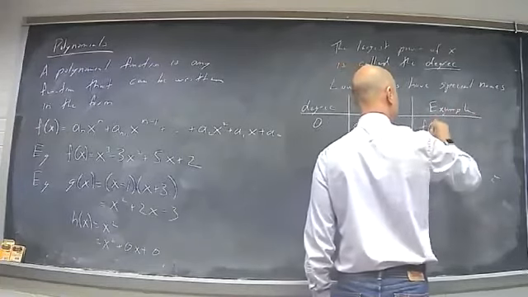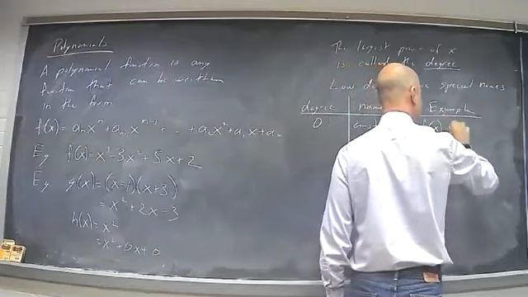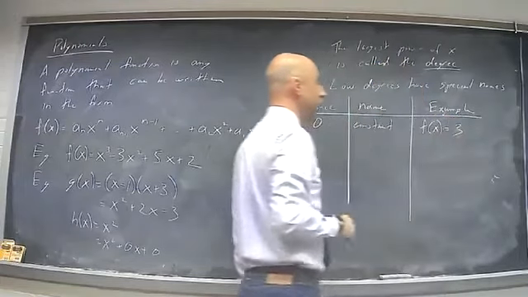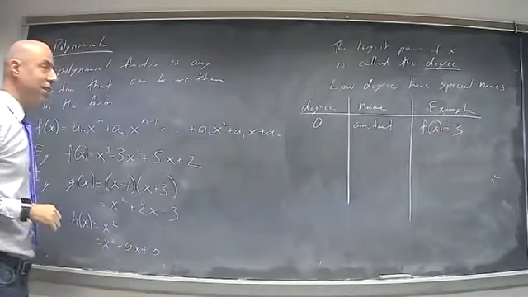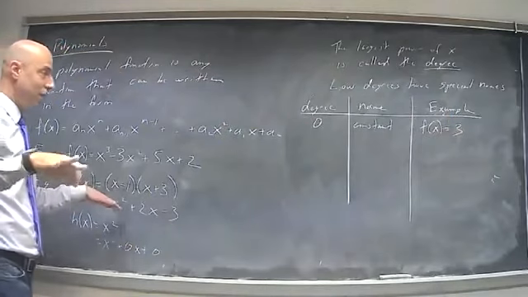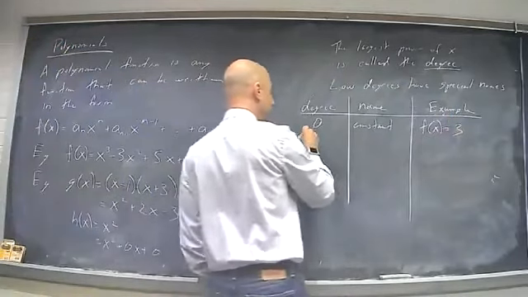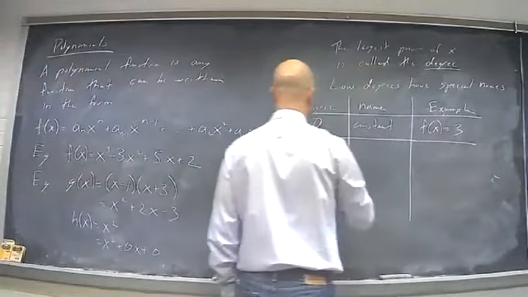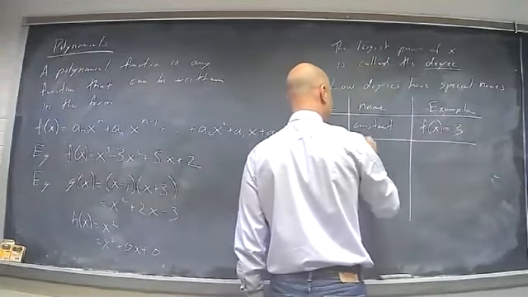So how about f of x equals 3. Largest power of x there is x to the 0. It's just a constant polynomial, a horizontal line. Degree 1 polynomials are called linear.